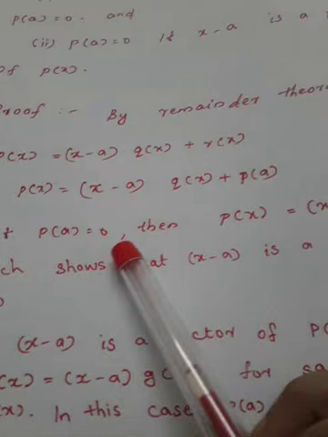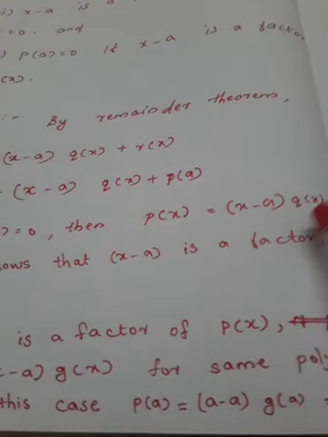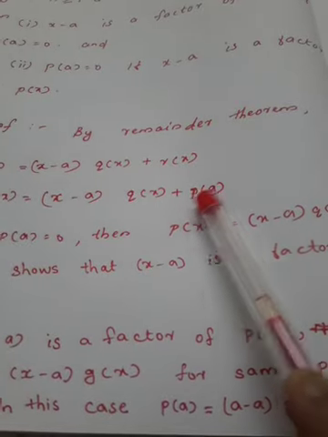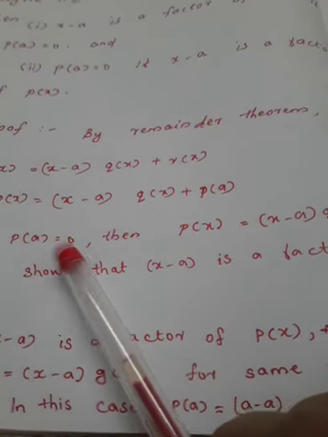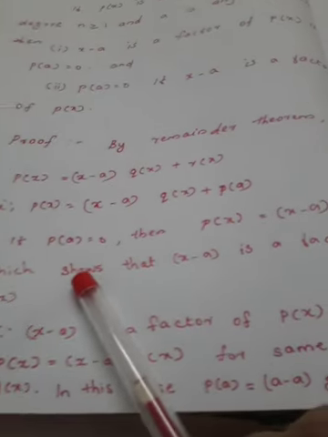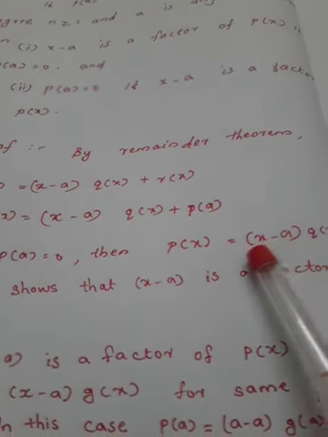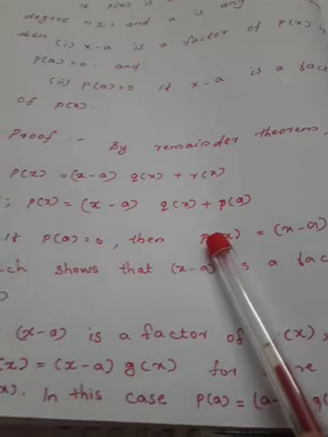If p of a equals 0, then p of x equals x minus a into q of x, because here we do not have p of a since it is 0. So here only x minus a into q of x remains, which shows that x minus a is a factor of p of x. X minus a into a polynomial means it is a factor of p of x.